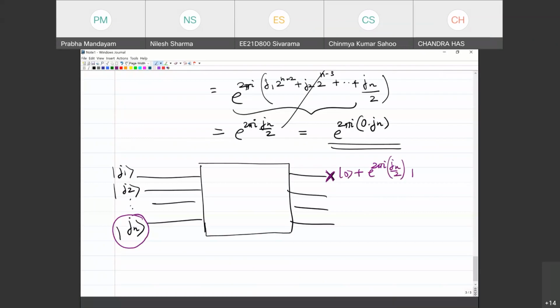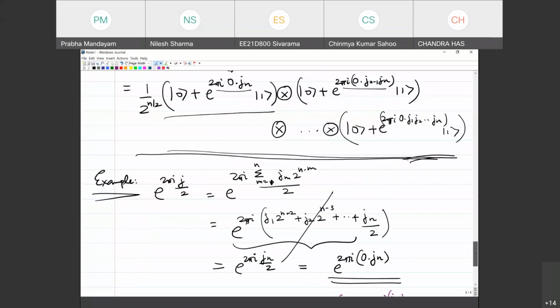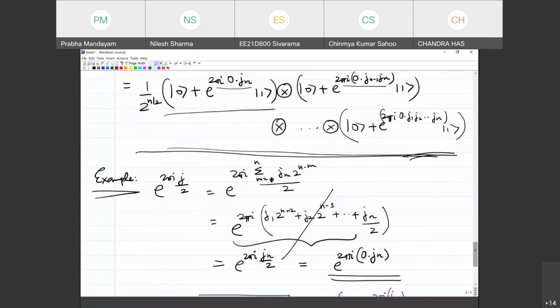Ket 1. So if Jn is 0, this is going to be 0 plus 1 by root 2. If Jn is 1, this is going to be 0 minus 1 by root 2. Right? I hope you see that. I'm sorry, I said pi by 2. No, I should have said pi. The first non-trivial phase is pi.